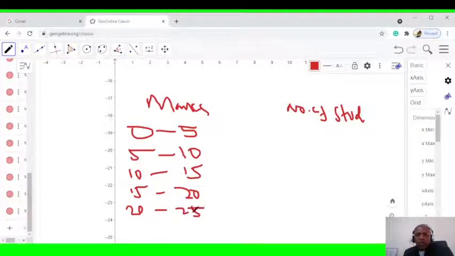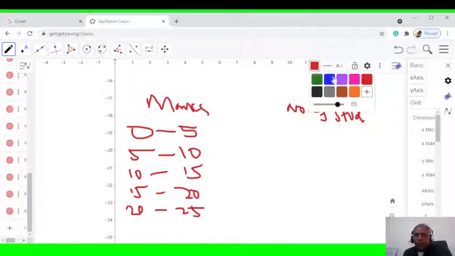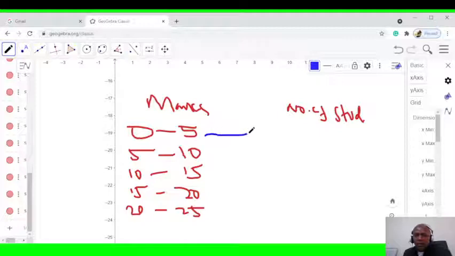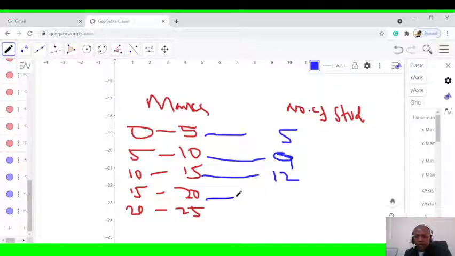Those were marks of students, and let me further assume that there were 5 students here, 9 students here, 12 students here, then 8 students here, and then 4 here.